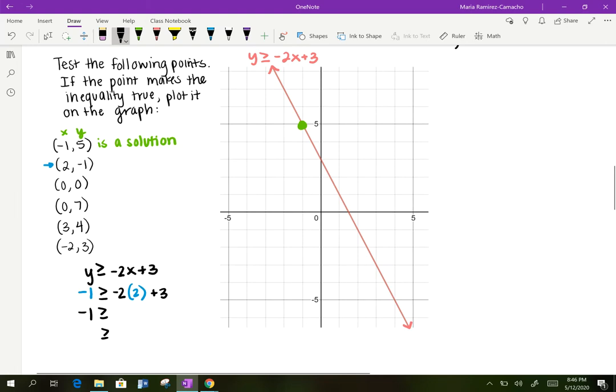This is negative 4 plus 3, which simplifies to -1. -1 is greater than or equal to -1 because of that or equal to part. So this is a solution, and I'm going to graph that point, which is right here. Let me label these points as I'm graphing. -1, 5, 2, -1. Now let's plug in 0, 0.